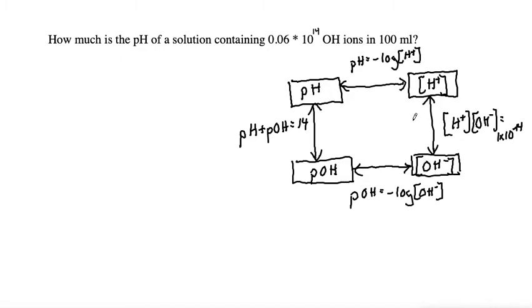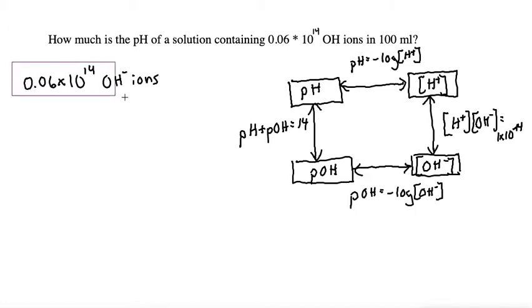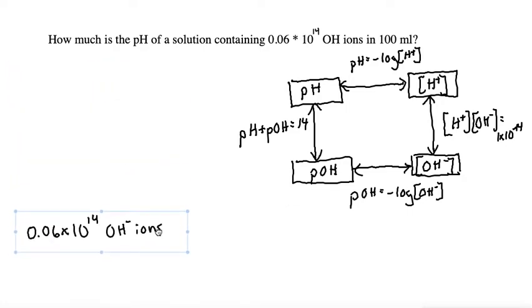So let's first start by finding the molarity of the OH⁻ ions. We're given 0.06 times 10 to the 14 OH⁻ ions. So let's first convert that. Let me actually move it down here, give myself a little more space.